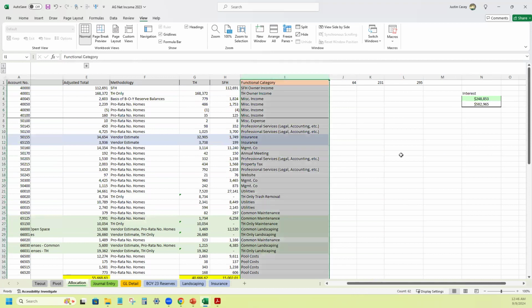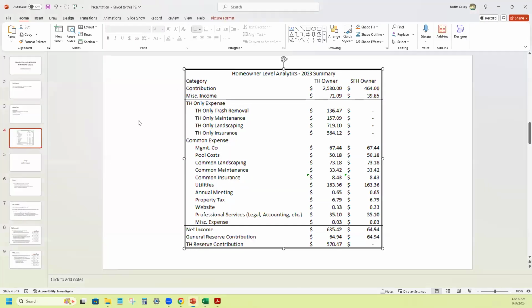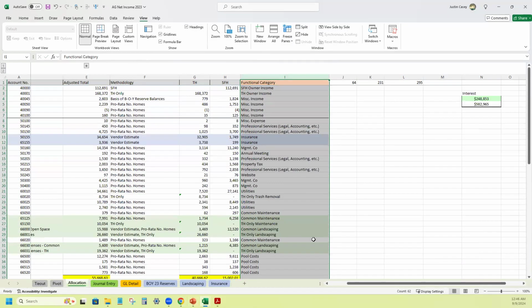But then this functional category is of my own doing. This is not anything AMG did. This is just a functional category I thought would be helpful and beneficial for the purpose of breaking down the homeowner analytics tab, or slide rather, in the PowerPoint. So this functional category here is me.